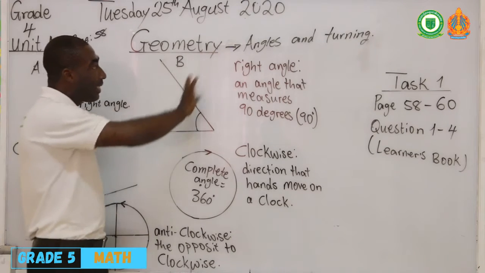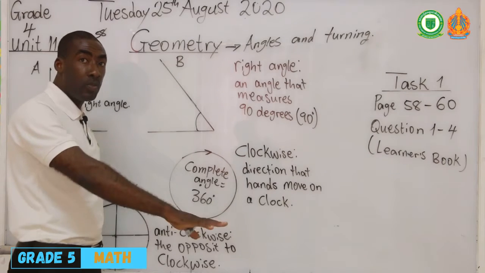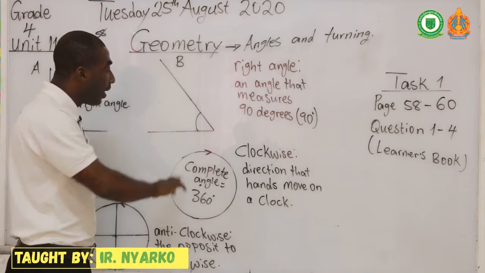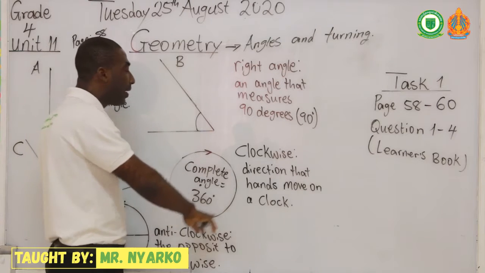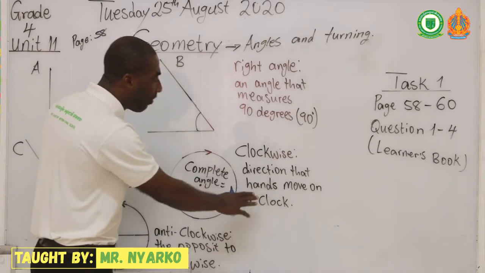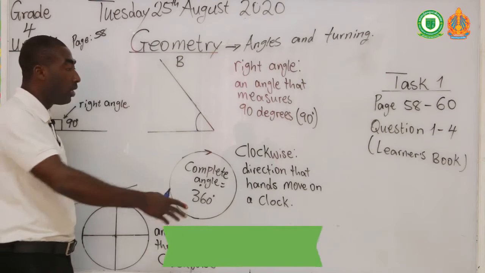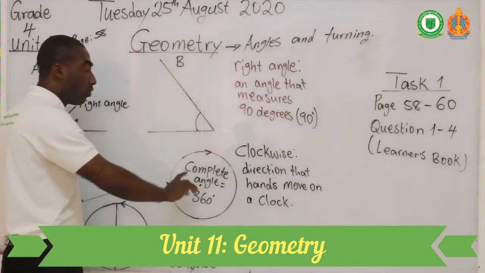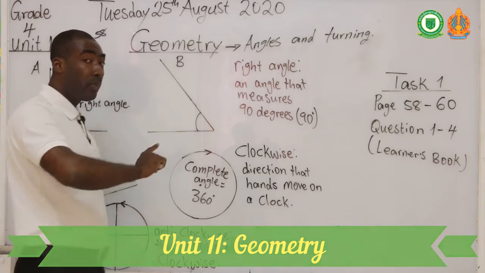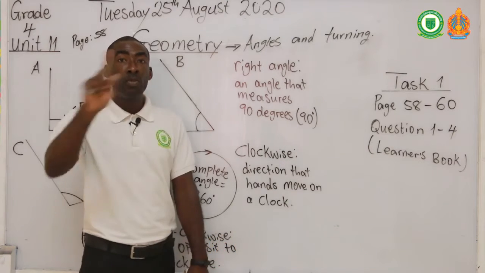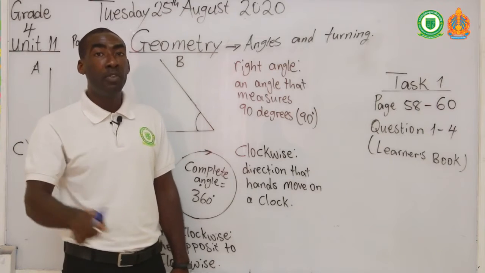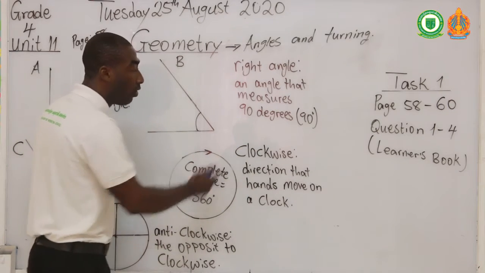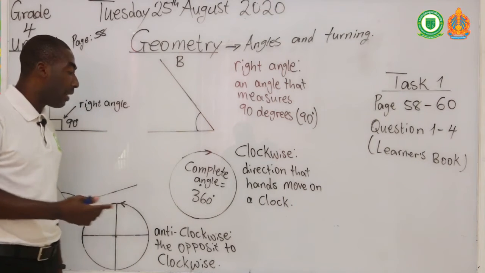An angle can turn in a clockwise way, okay? That means it is going in the direction of the moving hands of a clock. So that means it is going from kind of left to right, okay? So when it is moving from kind of left to right, it means that it is going in a clockwise direction.